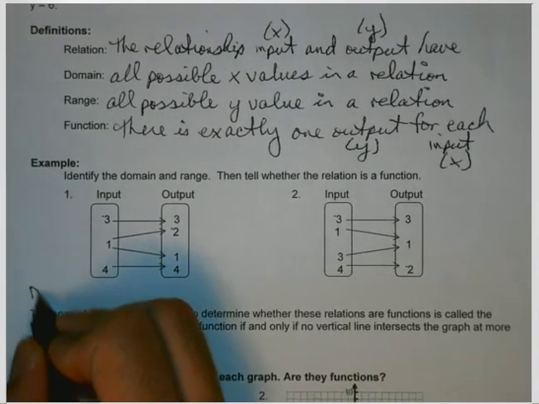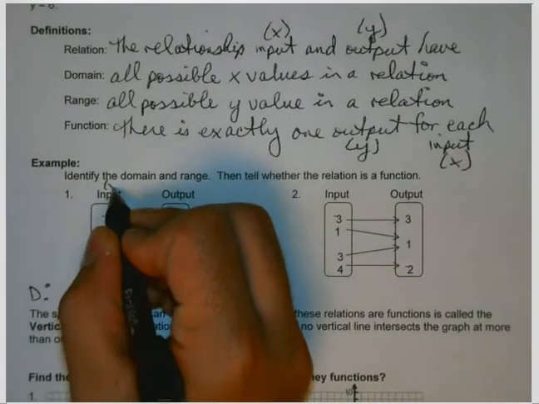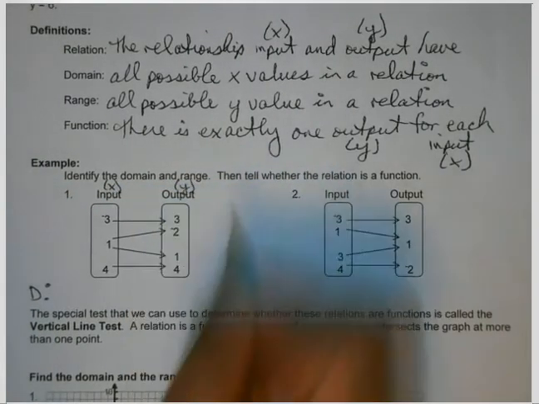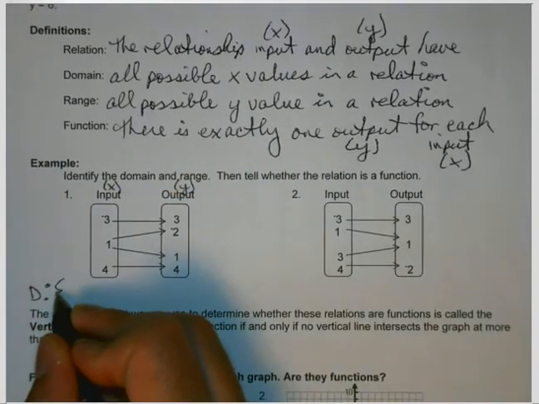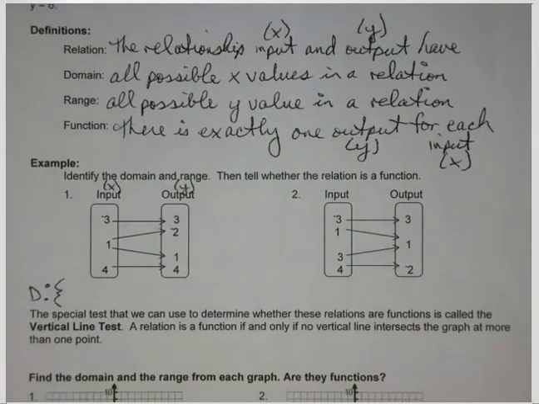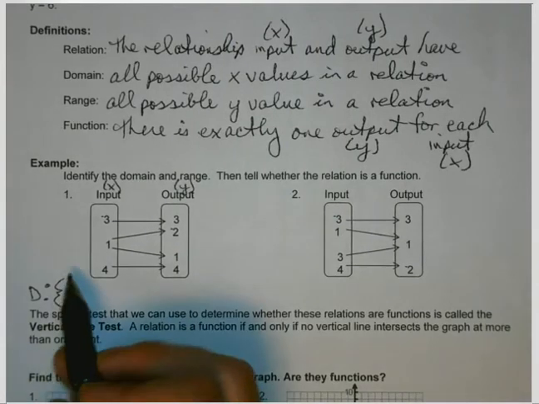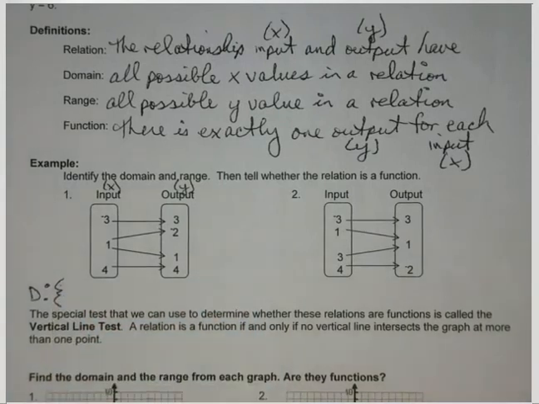Okay? My domain is my input values. Now when we go to list these, okay, this is what's called a brace. It's not a parenthesis. It's not a bracket. Those are used for a different purpose. The brace, I always used to call this Jay Leno. I don't even know if people know who Jay Leno is at this point. We've got the big forehead, the little pointy nose, and the big chin here.